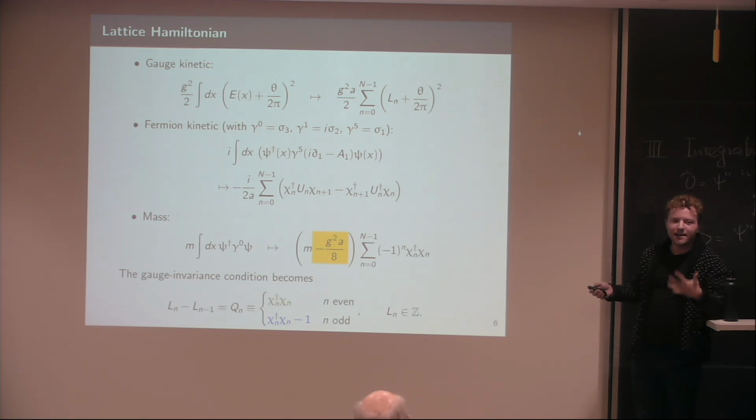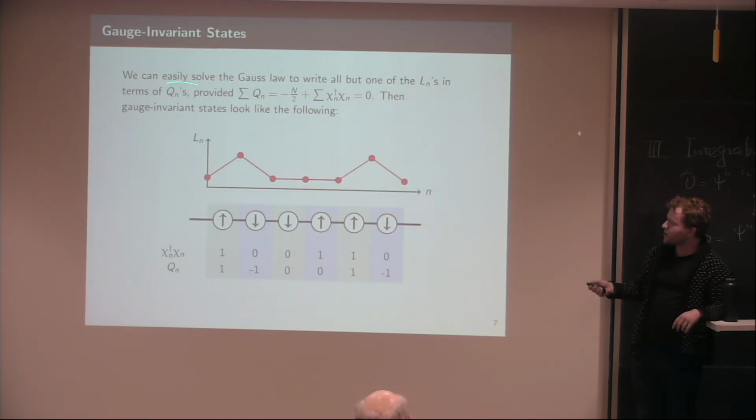So that tells me that the gauge invariant states for the Schwinger model are going to be half-filled configurations of these fermions on each site. And so I can write down some arbitrary half-filling state. And then you can compute the Q_n's and see how L_n changes on each link. You get some profile like this. So as long as you know where L started, you get everything else from the Gauss law. And so this is very useful.